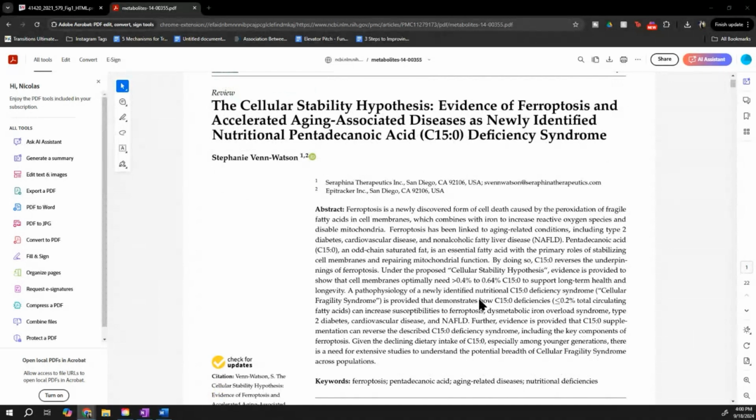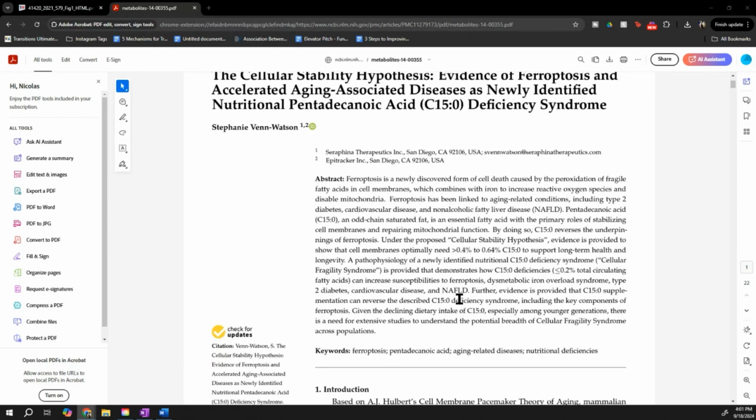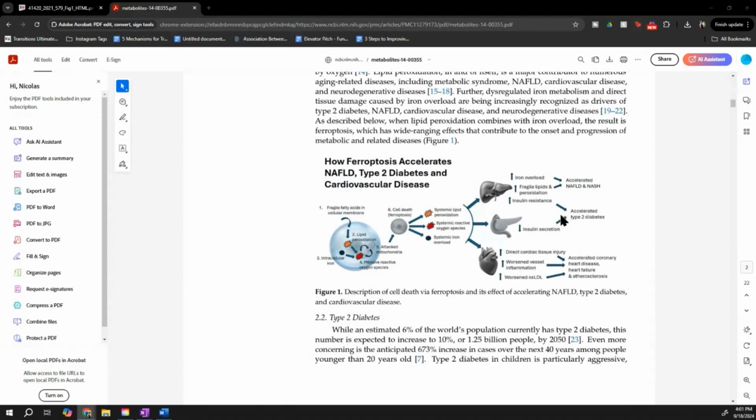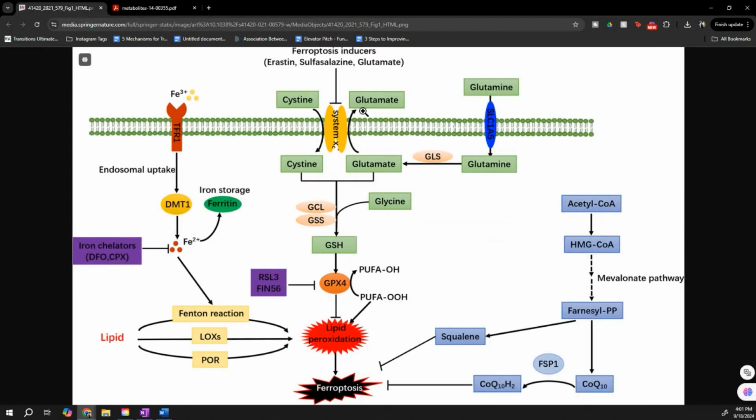And one of the components, as I understand it, is that you have greater production of ferroptosis, or death of the cells, which how that relates to mitochondria is, if we can scroll down here real quick. Yeah, they've got a diagram here of what this would look like. You have these fragile fatty acids in the cellular membrane, which is this membrane that I talked about right here.